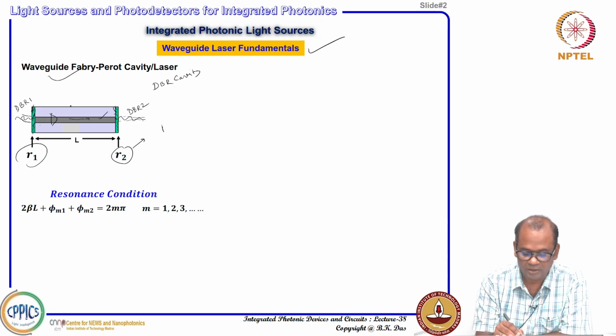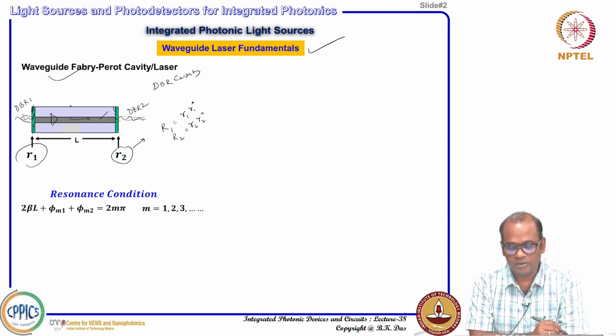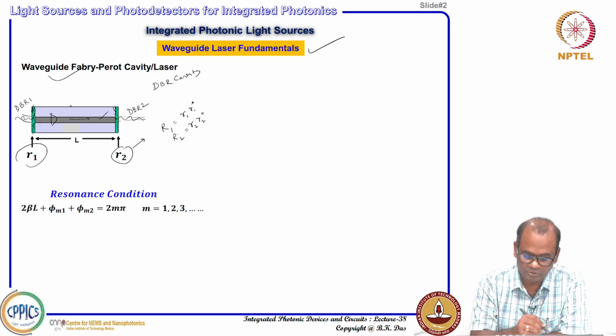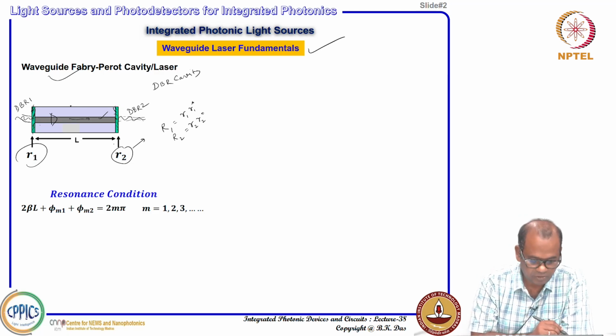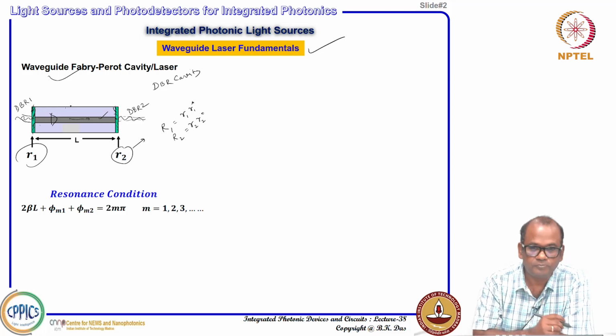Normally the intensity reflection coefficient I can write like this, R1 equals r1 r1 star, and R2 equals r2 r2 star. That would normally be called the reflectivity of mirror 1 and mirror 2, but r1, r2 are simply the amplitude reflection coefficients of the guided mode.